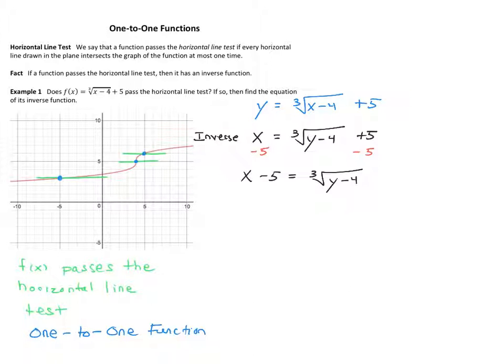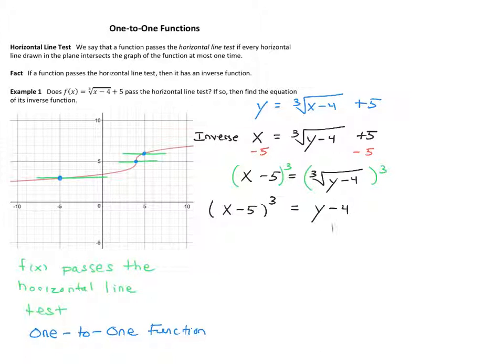My goal is to solve for y, so I see I can cube both sides. The right side is really simple. Cubing the cube root leaves me with y minus 4. And on the other side, I have x minus 5 cubed. Since my goal is just to get y by itself, I'm just going to leave that as x minus 5 cubed.